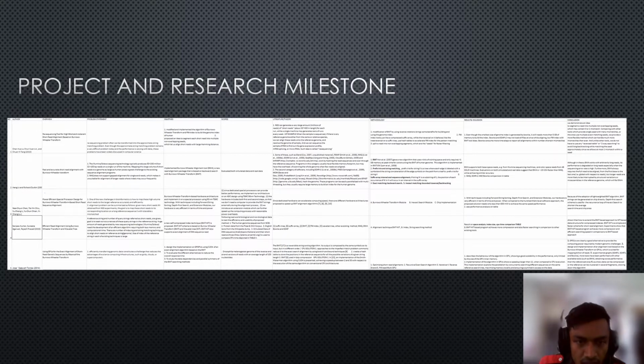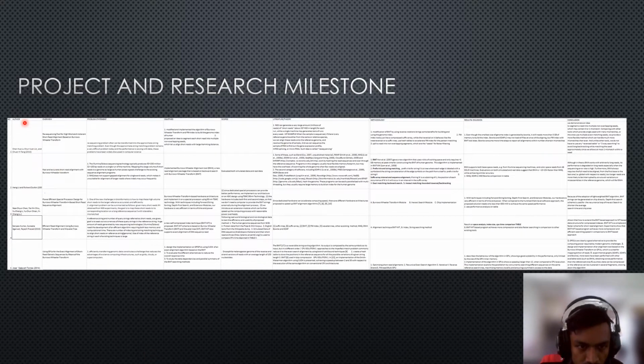So for the project and research milestone, this is an example of the literature matrix, where it is divided into 9 important points.